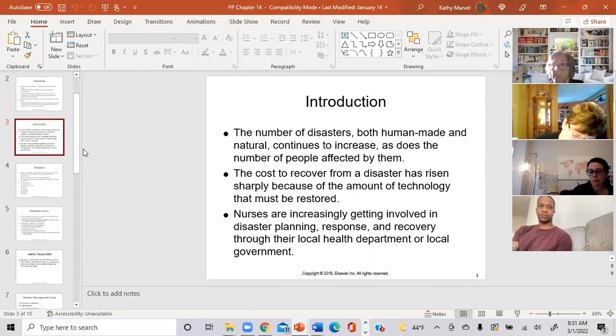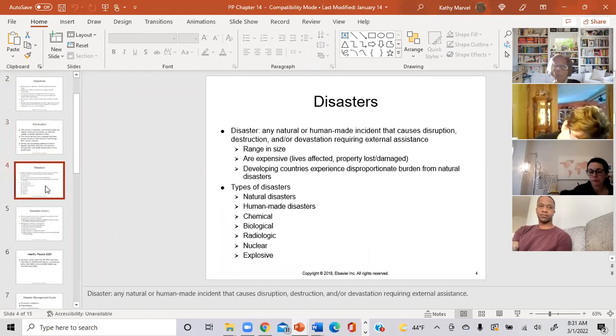Okay, and we need to know the difference between those two. The cost to recover from a disaster has risen sharply because of the amount of technology that must be restored. Nurses increasingly are getting involved in disaster planning, response, and recovery through their local health departments or local governments.